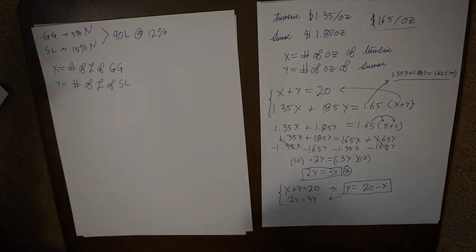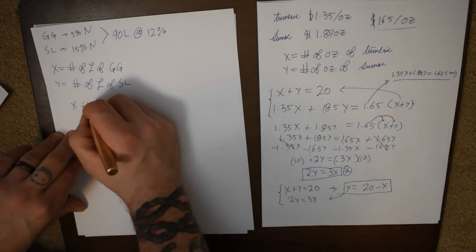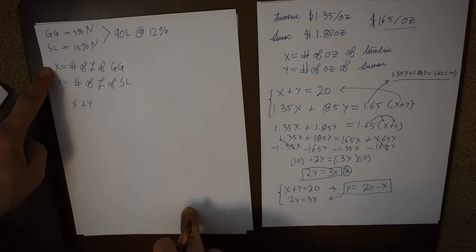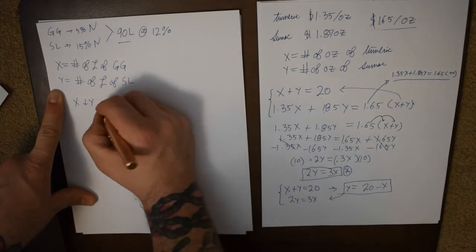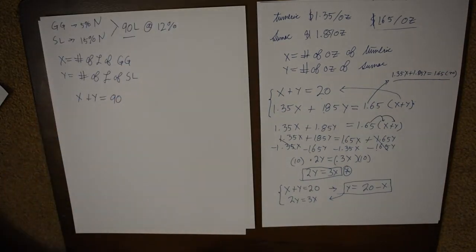And so what do we know? We know that this company wants X plus Y, after they get done combining some amount of Gently Green and some amount of Sun Lover, to have 90 liters of a solution lying around.